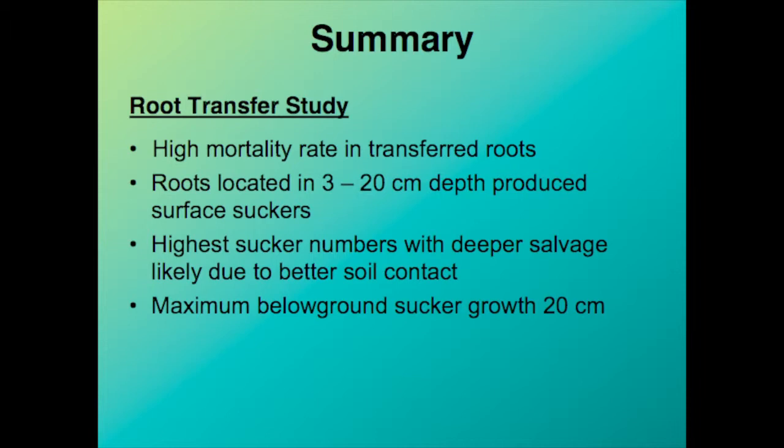And we think what it has to do with is that the root fragments are covered more with mineral soil, which holds the moisture properly, and if it's too shallow, it's too fluffy, so it dries out faster, and you get more mortality that way. That's what we think it is. But again, you don't have to waste your material. You can spread it out over a larger area if you have more than 20 centimeters.